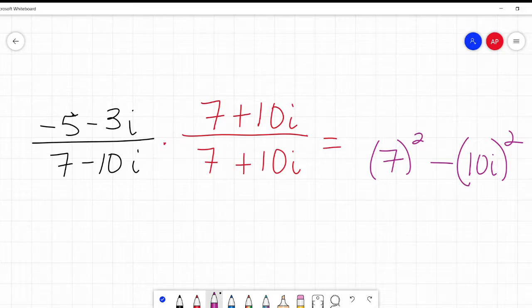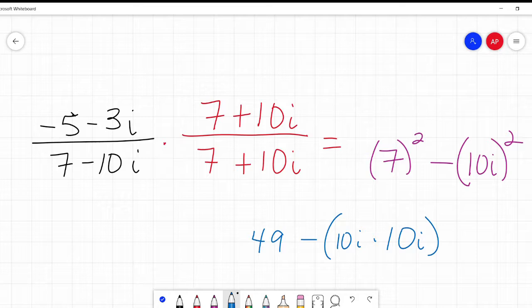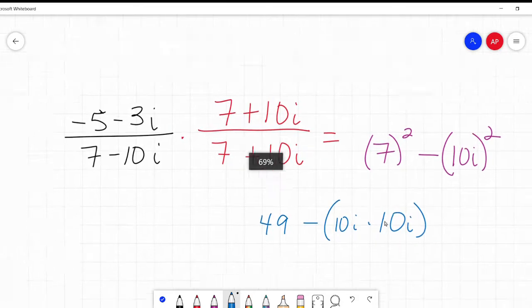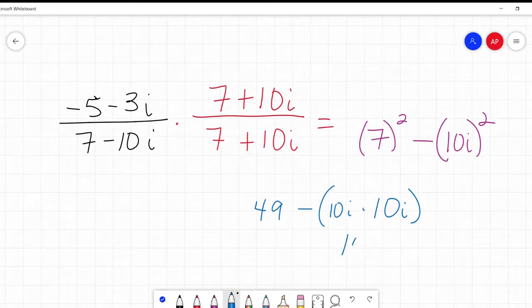I'm just going to look at the bottom now for a second. So what is that? 7 squared is 49 minus 10i squared. So 10i times 10i. That's 10 times i times 10 times i. So 10 times 10 would be 100. i times i would be i squared, or negative 1.